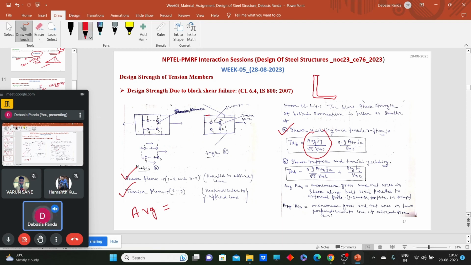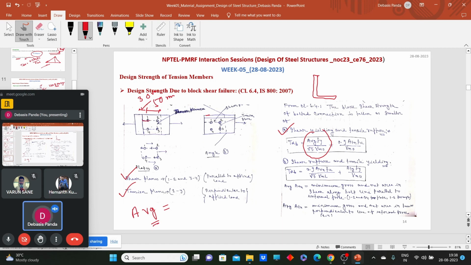For example, can you see this diagram? Say the center to center distance between two bolts is 50 mm and this end distance is 30 mm. So tell me, what should be the value of Avg? It is the gross cross-sectional area along the shear plane.